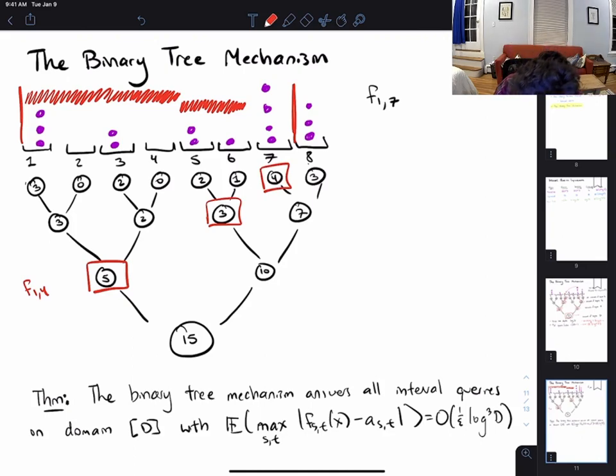Okay, so what have I done? I can write f1 through 7 as f1 through 4 plus f5 through 6 plus f7 through 7. So I'm just summing up 3 of these random variables, and so I'm increasing the noise by 3.